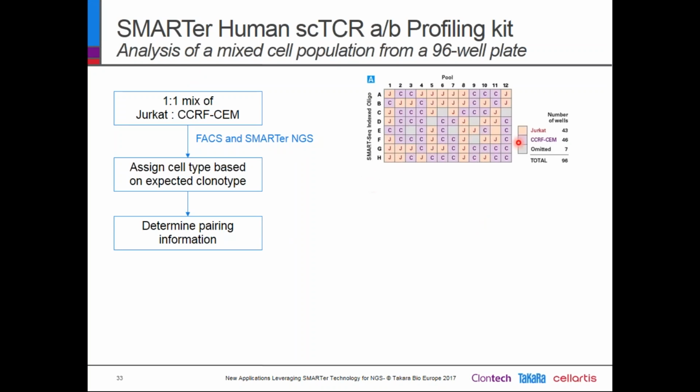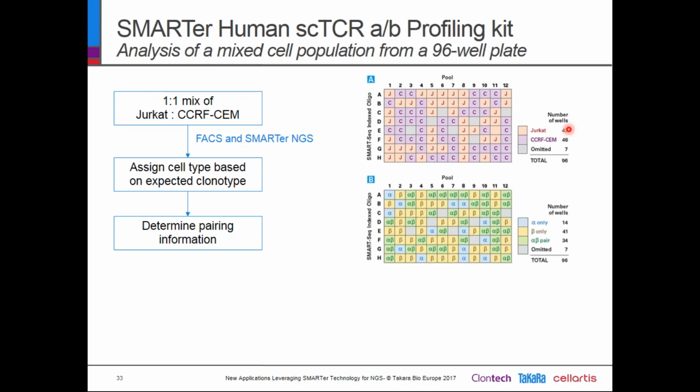So this is what we can see here from our 96 plate. We were able to identify the clonotype in 43 cells for JURKAT and 46 for CCRF cells. So this corresponds more or less to the 1-to-1 ratio that we initially put. For 7 cells, we were not able to get enough data to identify the clonotype, so they were excluded.